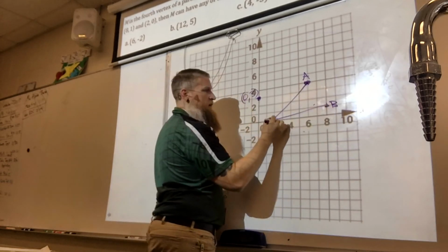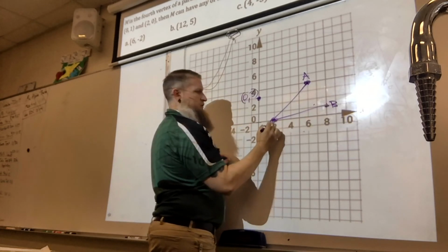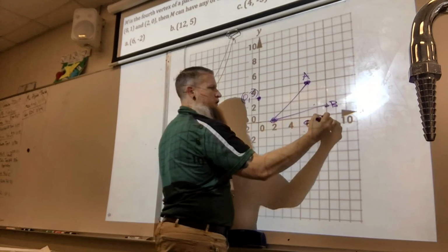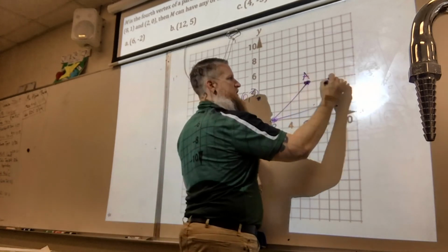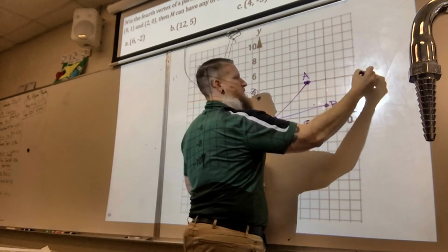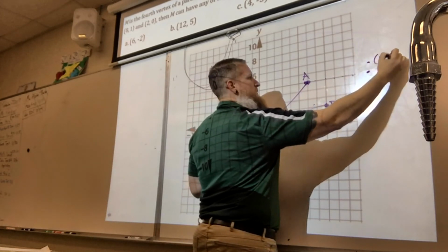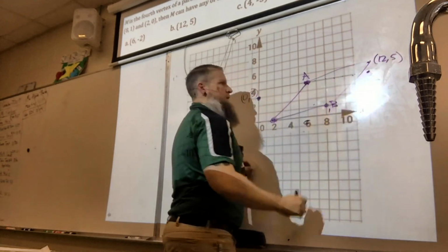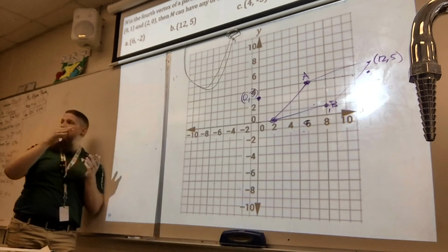For this one, I have to go 6 over and up 1. So if I start here and go 6 over, 1, 2, 3, 4, 5, 6, then up 1, that would put me there, which is 12, 5. If I cross all those off, those are all my options there.